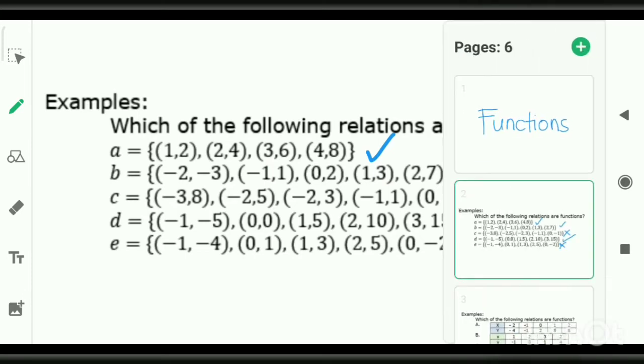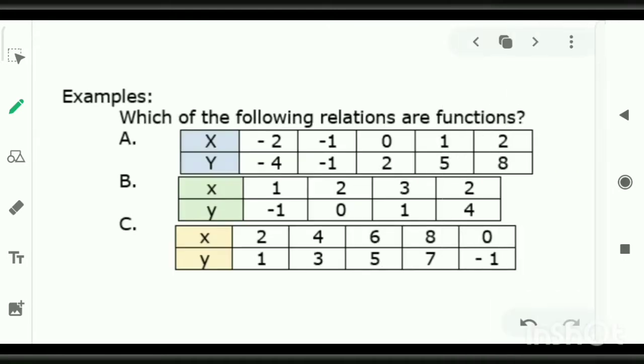Next, how about if we have the table of values? Again, we use the same rule as when we have the set of ordered pairs. So for table of values, we also look out for the x elements or the first element in our table. Now, letter A, we have (-2, -4), (-1, -1), (0, 2), (1, 5), and (2, 8).